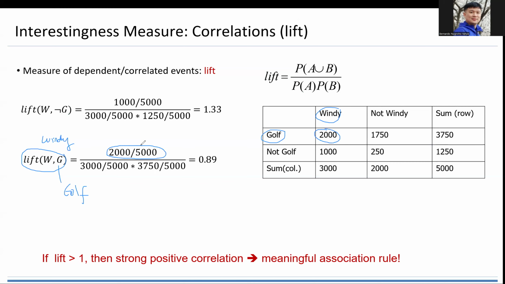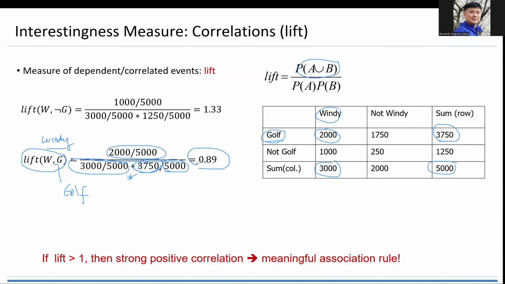Then 2,000 divided by 5,000 is the probability of A and B, divided by the probability of windy, which is 3,000 divided by 5,000, multiplied by the probability of playing golf, which is 3,750 divided by the total data 5,000.